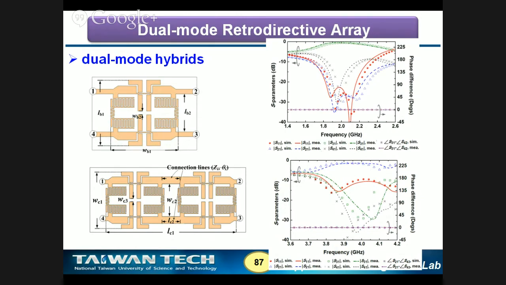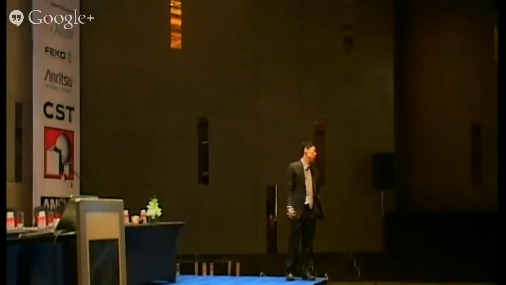Just think about this curve. This is S21. It means that your signal has no choice but to flow from port 1 to port 2. And you cannot propagate from port 1 to port 3 or port 4 because they are all isolated.